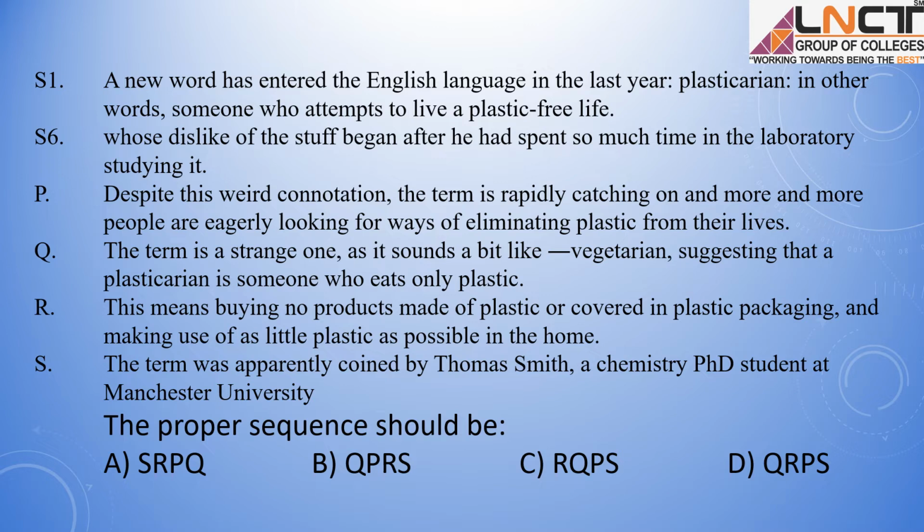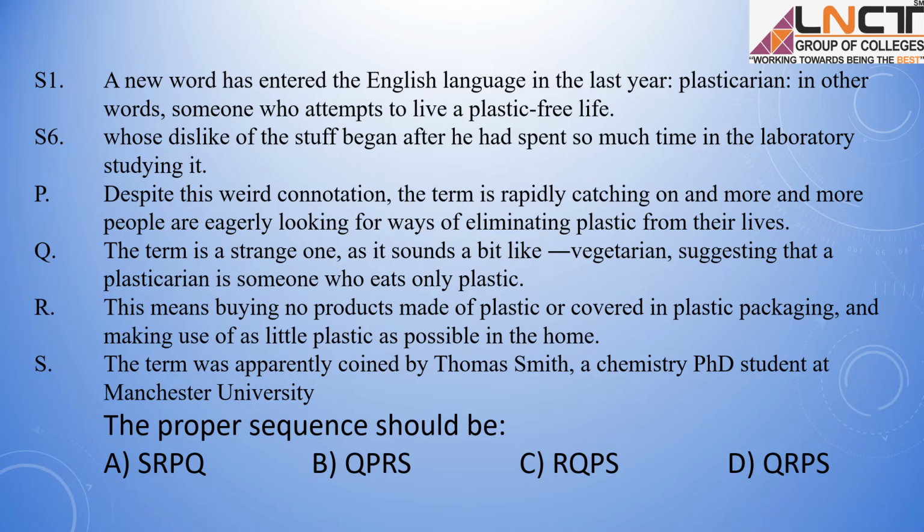The problem is that R and Q both can be the first sentence because they are both explaining, but R sounds more like it because it talks about what plasticarian does, so adds more detail to it. And then another opinion on the term, and that is the term is a strange one. So yes, the sequence must be R and Q. Fine.